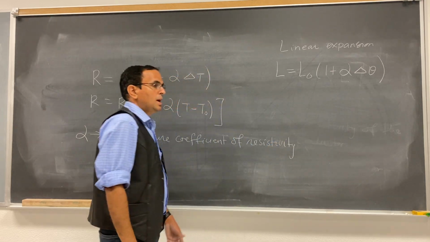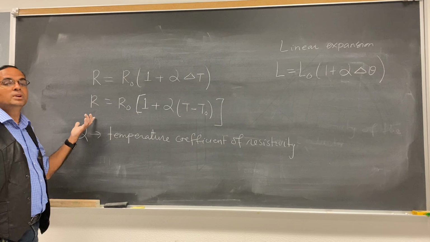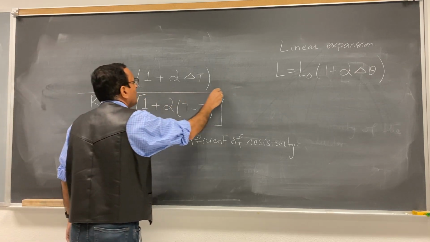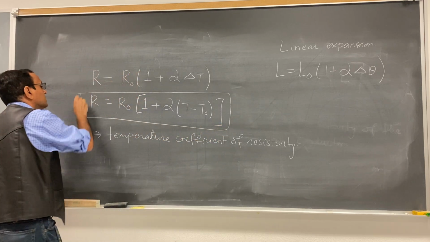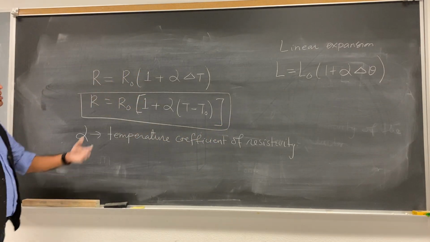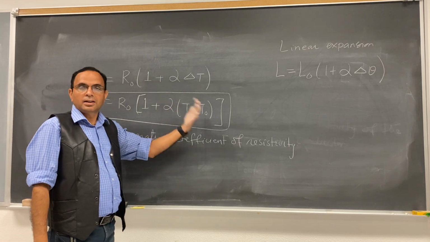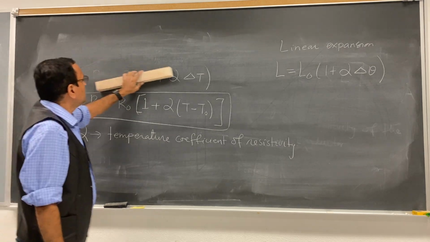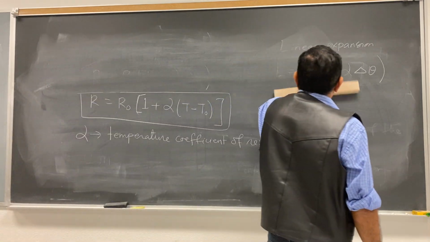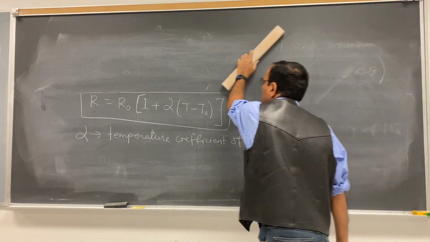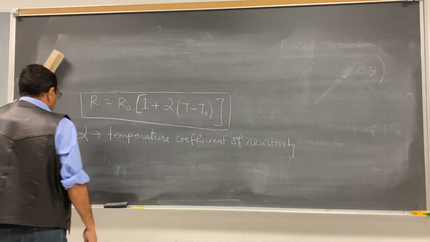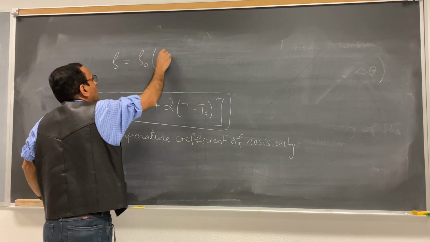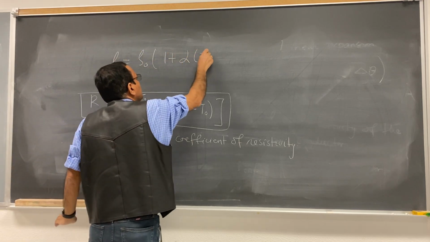So please keep in mind that resistance also changes with temperature, and you need this equation if you have to calculate initial resistance, final resistance, alpha, initial temperature, or final temperature. Similarly, resistivity also changes with temperature, and the formula is similar: rho equals rho 0 times 1 plus alpha times T minus T0.